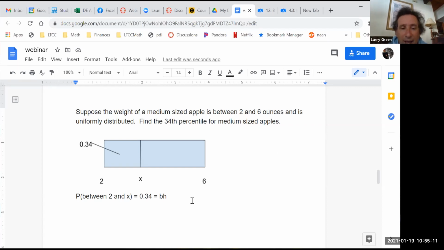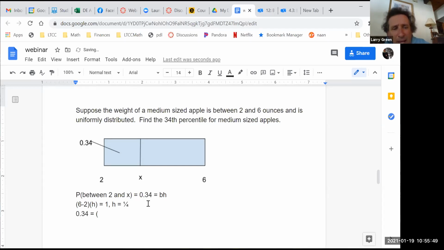All right, let's get the height first, just like I got before. Well, I know that the area of the whole rectangle is 1. So I know that 6 minus 2 times the height is equal to 1. So the height is equal to 1/4. Any questions on that? So now I know that 0.34 is equal to the base.